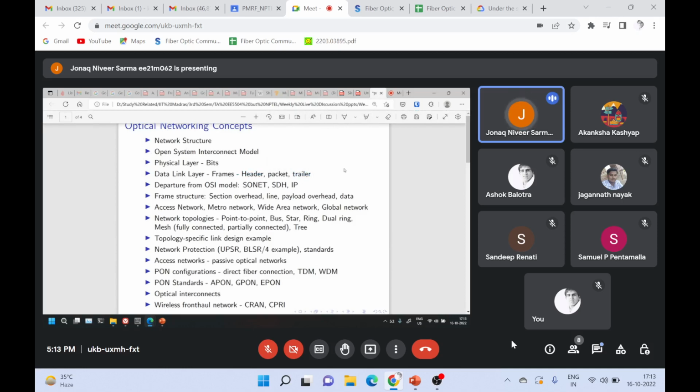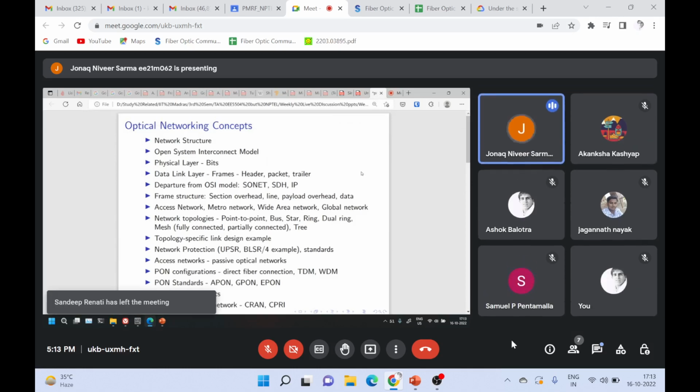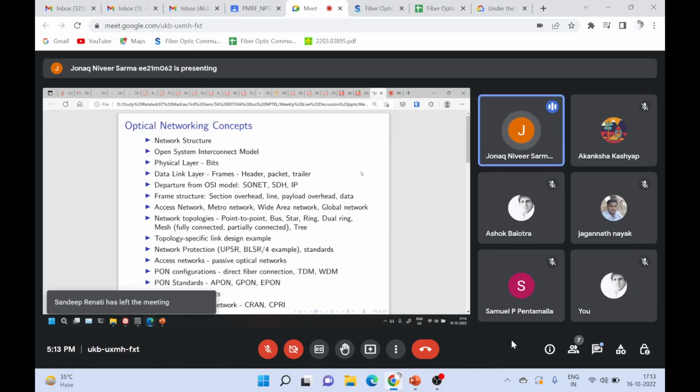I have not seen too many trailers; 4G and 5G also use only header and packet kind of structure. And because optical fibers have a lot of bandwidth, there is a point in departing from the OSI model and the kind of standards we use.